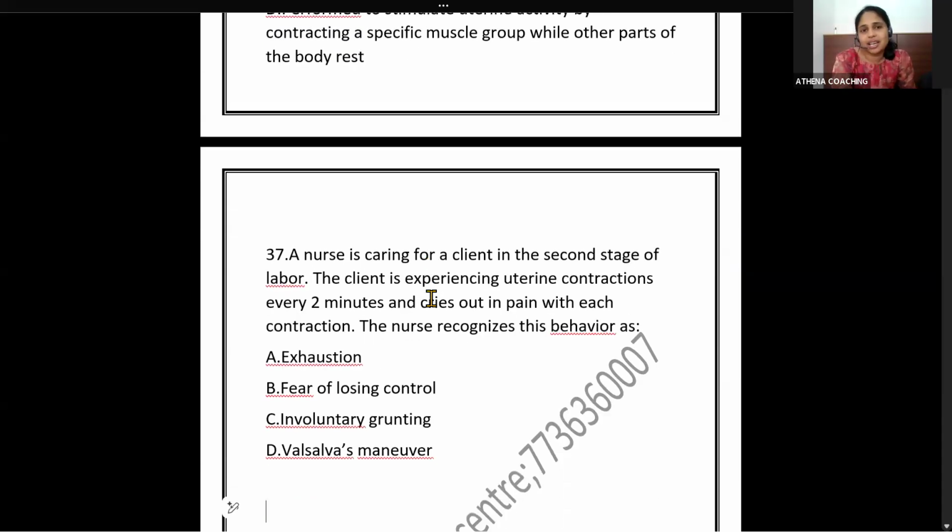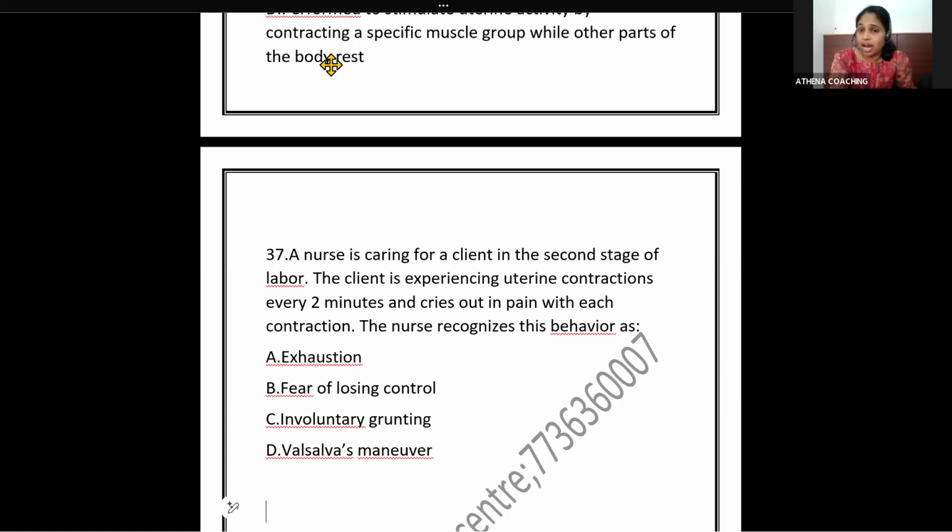Next question: the nurse is caring for a client in the second stage of labor and the client is experiencing uterine contractions every 2 minutes and cries out in pain with each contraction. The nurse recognizes this behavior: exhaustion, fear of losing control, involuntary grunting, and Valsalva maneuver.